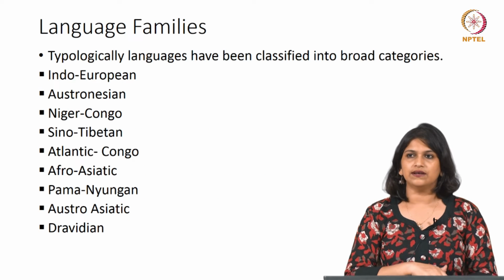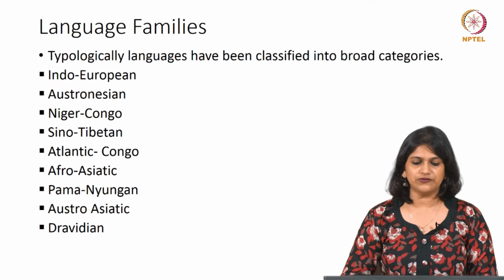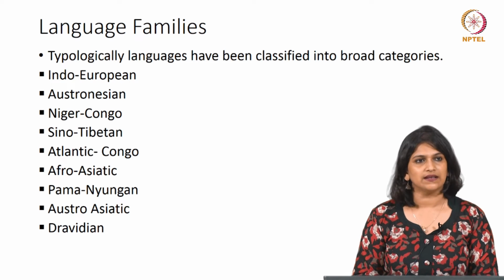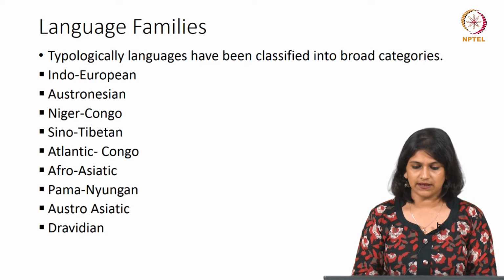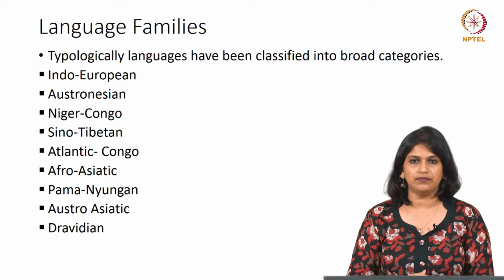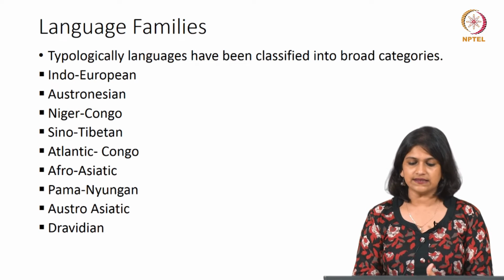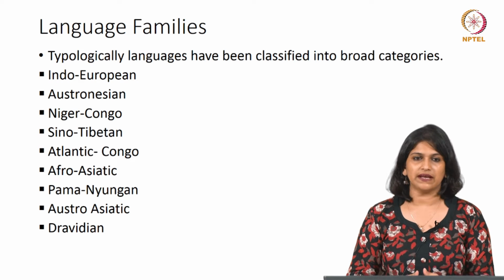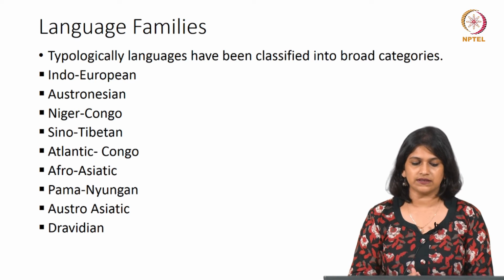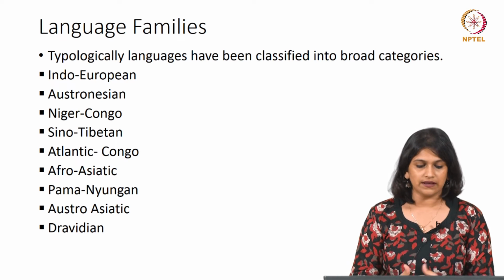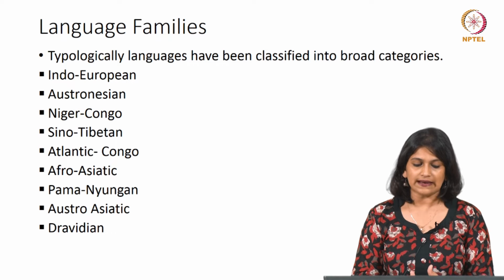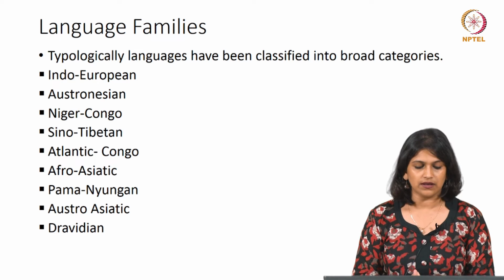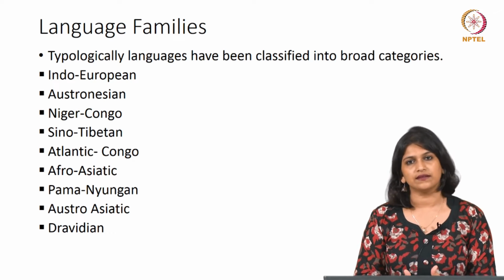Okay, now let's move to the various language families that we have in the world. These are the broad categories that we know typologically. We have Indo-European languages, Austronesian, Niger-Congo, Sino-Tibetan, Atlantic-Congo, then Afroasiatic, Pama-Nyungan, and Austroasiatic, plus there is also Dravidian.